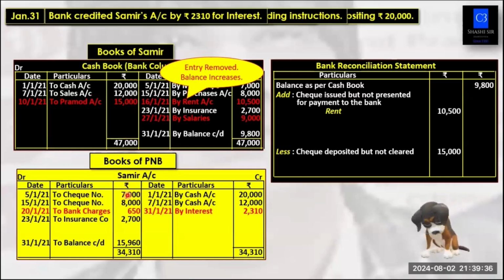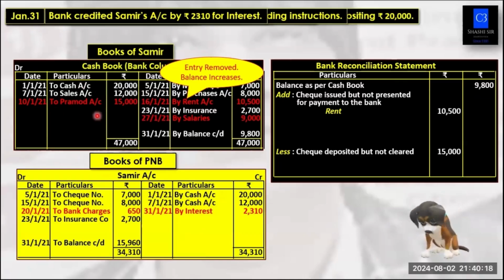But in this passbook, we can't remove the entry. So we have got another way of making these two books similar. If you could remove this interest entry from passbook, both the books would become similar as far as this interest is concerned. But you can't remove this interest from the credit side of passbook. So another way is to record this interest on the debit side of cashbook.